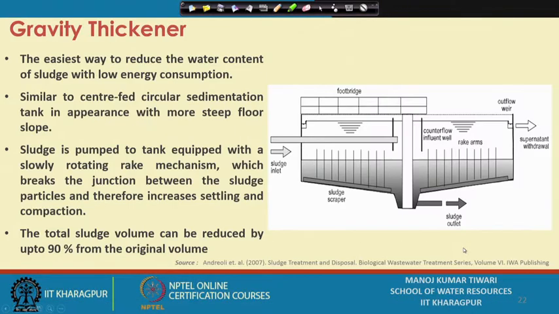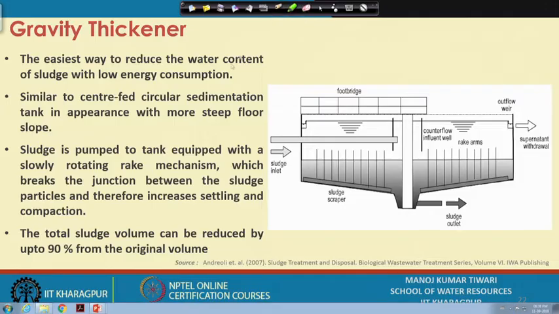There is the gravity thickener, which is the easiest way to reduce the water content of the sludge with low energy consumption. It is a simple process. We have something like a circular sedimentation tank. It is as good as a circular sedimentation tank in appearance, with a more steeply sloped floor, and through this mechanical arm we allow this.